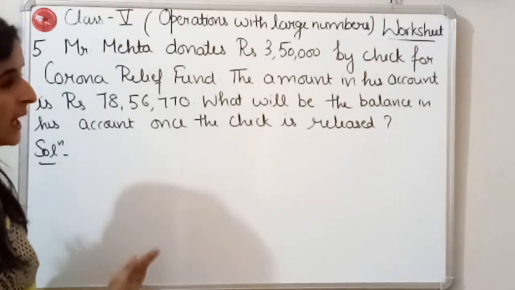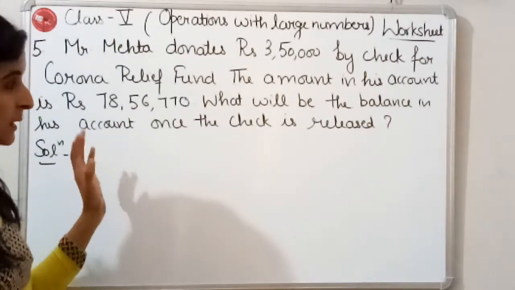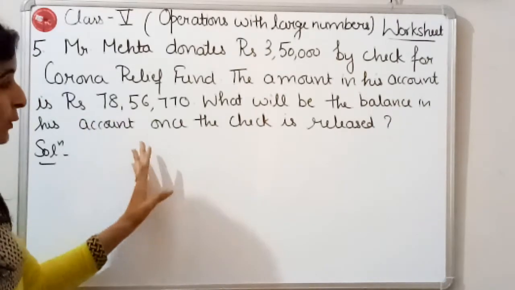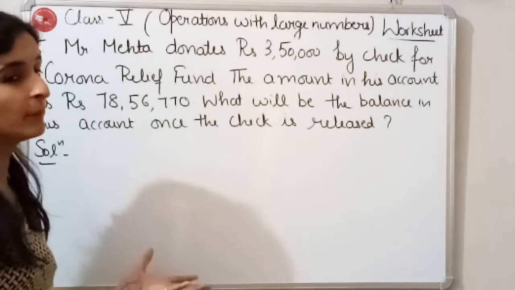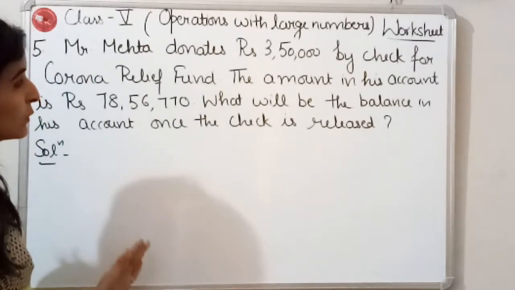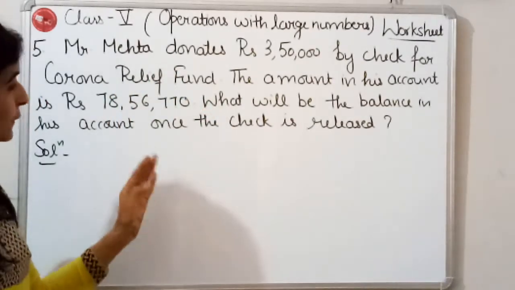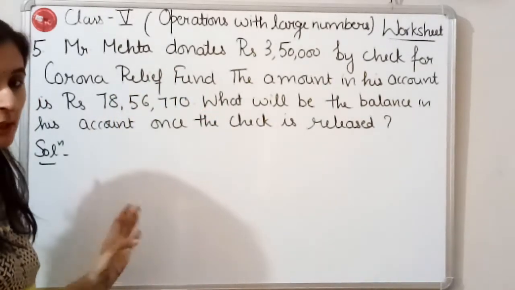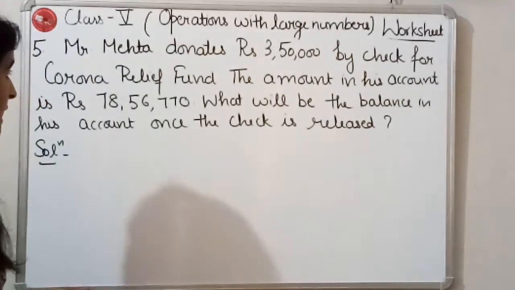Now we have to find out the balance left in his account once the check is released. It means after donating, what will be the balance in his account? So for finding the balance, we are going to subtract the amount donated from the total amount in his account. Fine. So let us start with the solution.